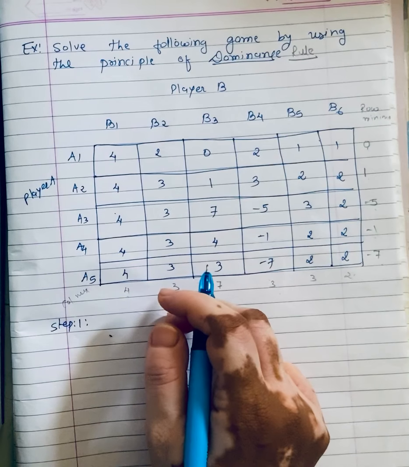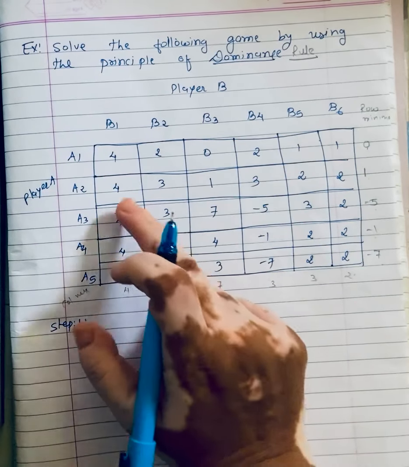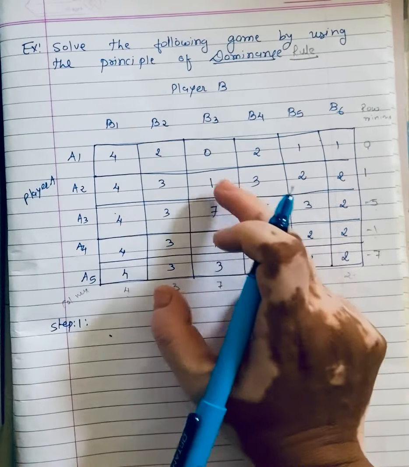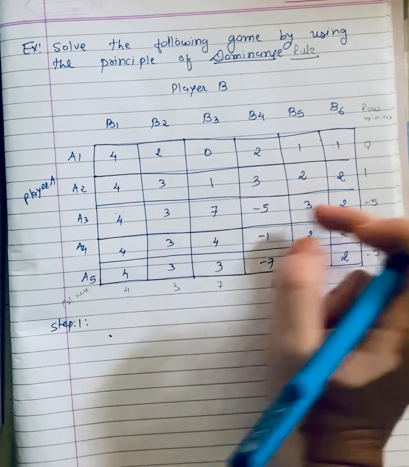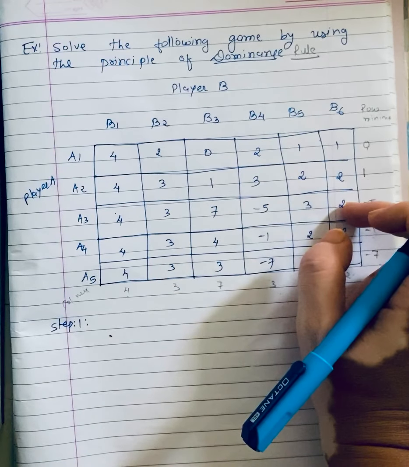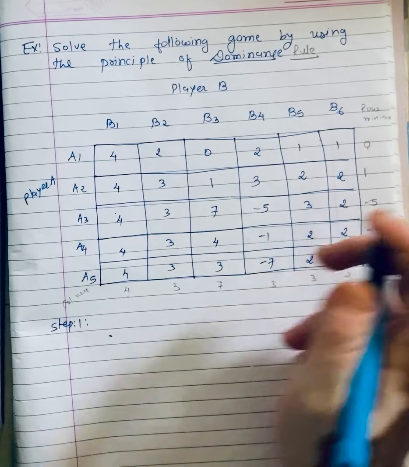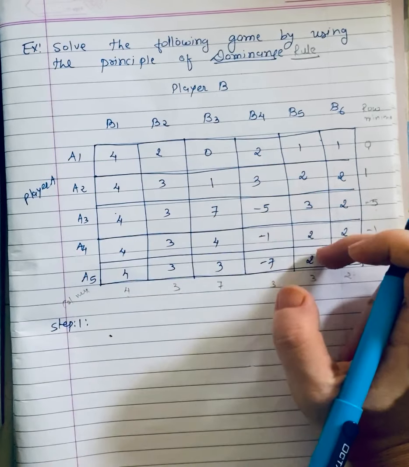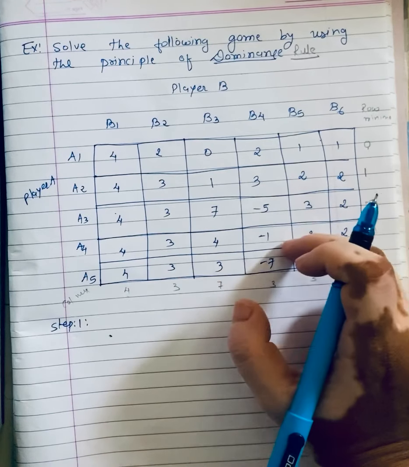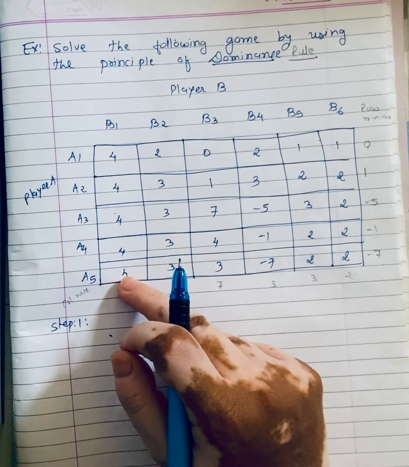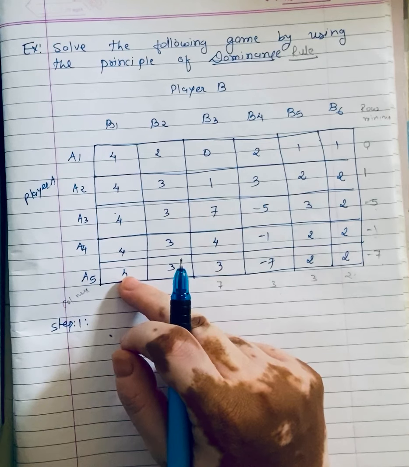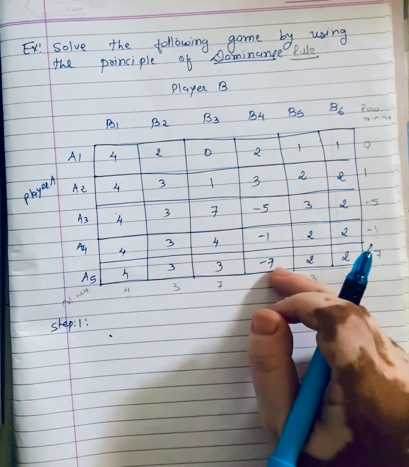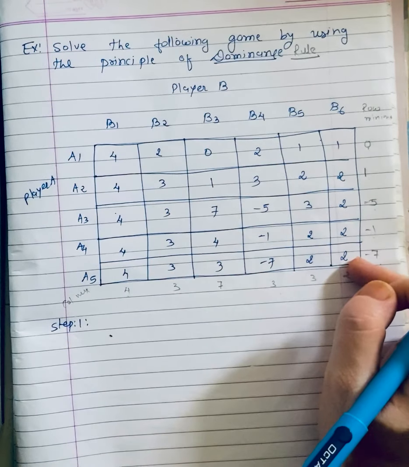Now let's check another row. This is less than this, less than this. Then 4 3 7 4, -1 5 3 2, and here it is not possible. Row 5: 4 3 3 -7 2 2, and row 3.